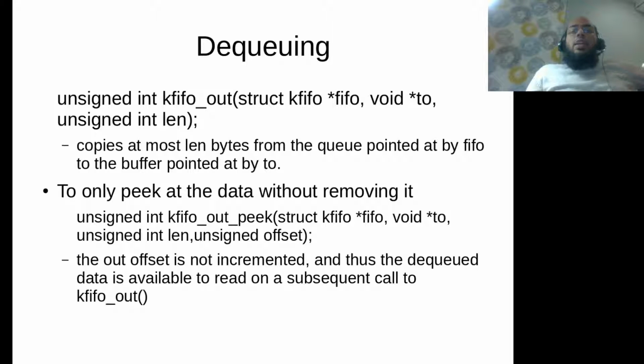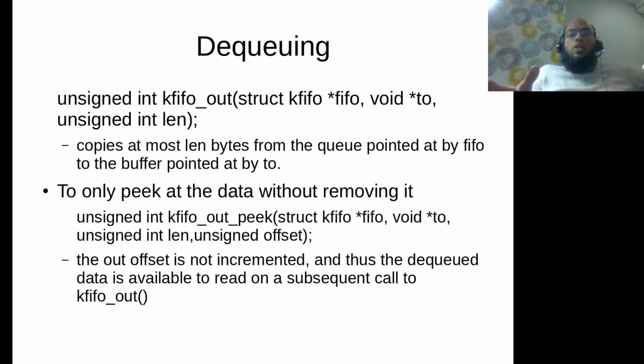You can peek at the data without dequeuing it, so you can get the data while not dequeuing it, and you can use kfifo_out_peek, which does exactly that. In that case, you're not going to change anything in the queue.